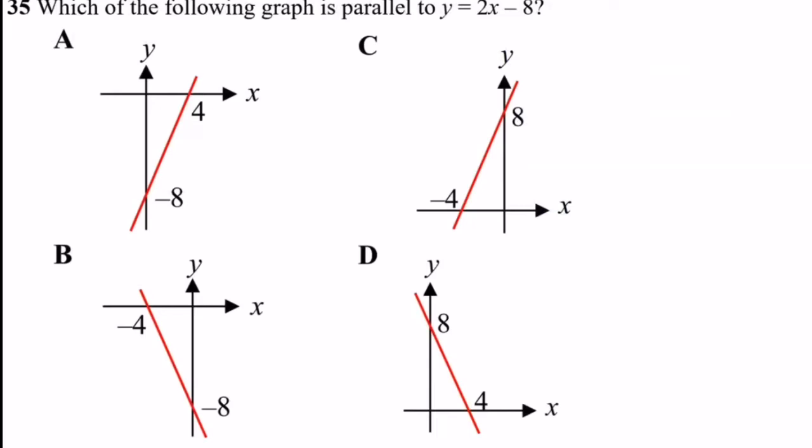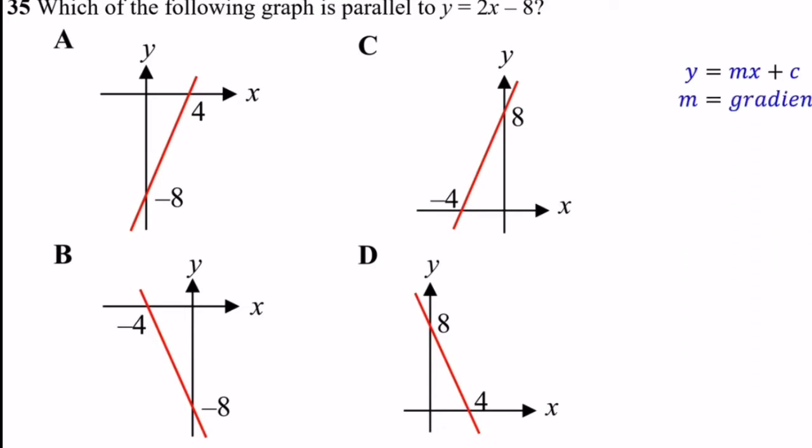So if you look at the graph, a positive gradient means the line should be heading upward, right? It seems like B and D are heading downward. So I guess B and D will be rejected. And you look at the intercept, negative 8. So obviously the answer is A, right?